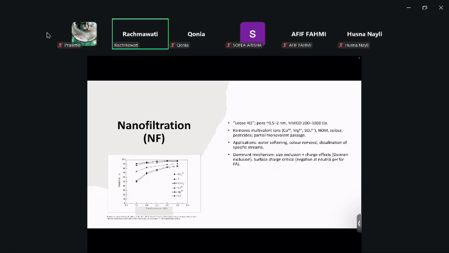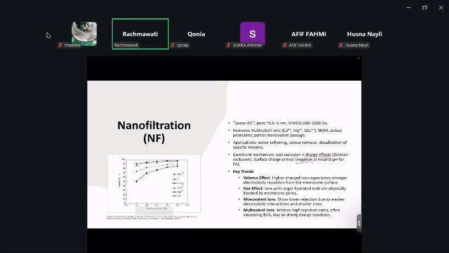There might also be charge effects. The surface charge is critical, probably negative at neutral pH for polyamide. And the trends here are, for example, the valence effect, where higher charged ions experience stronger electrostatic repulsion from the membrane surface.